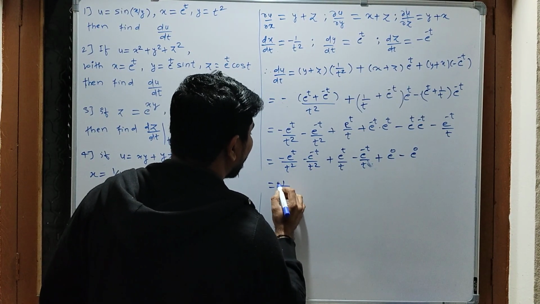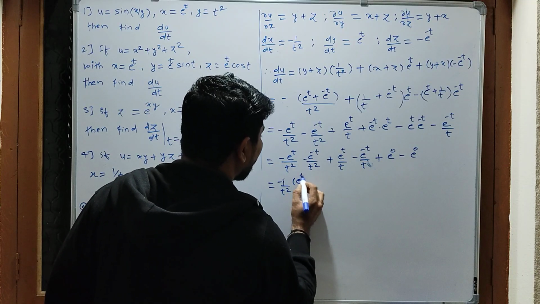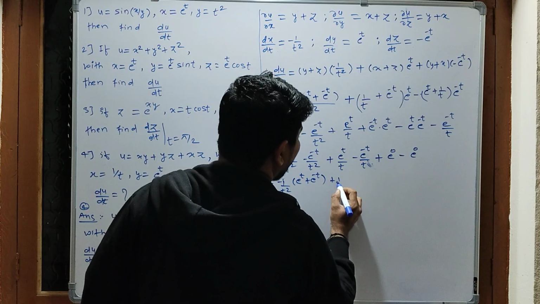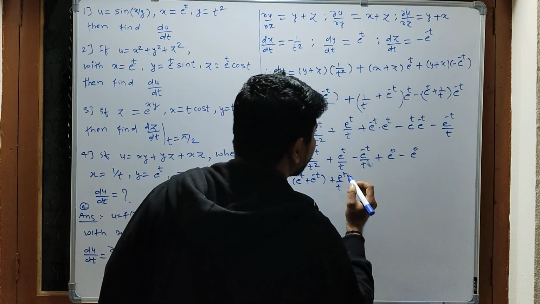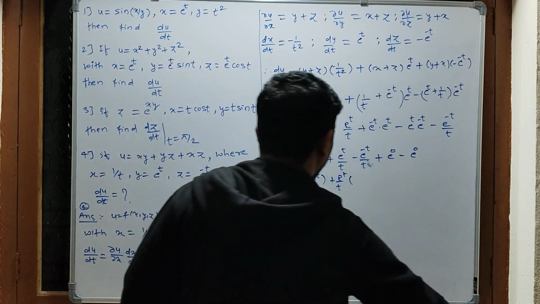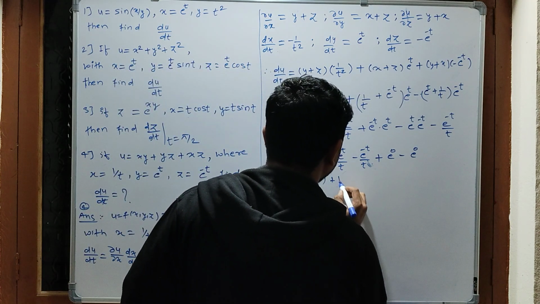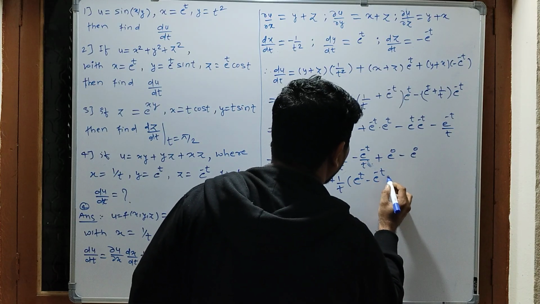Here I will take 1 by t square common, minus 1 by t square common, this is equal to e to the power t plus e to the power minus t, plus 1 by t common, e to the power t minus e to the power minus t.